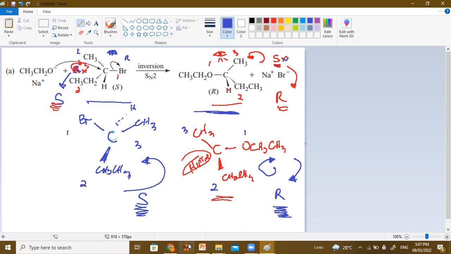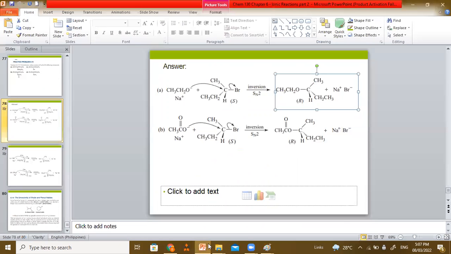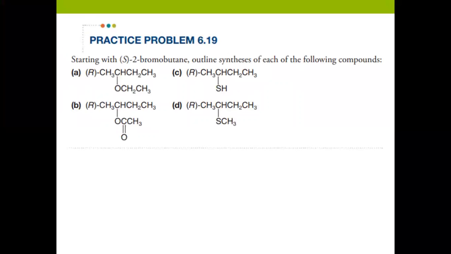Okay, so let's continue with number 2, letter B. If you have R, you have all the same reactants here, 2-bromobutane. So you just have to write all your reactants and then change your nucleophile. Your nucleophile will change depending on what is written here. So you have your CH3C double bond O, O. Of course, you expect this one to be a carboxylate.